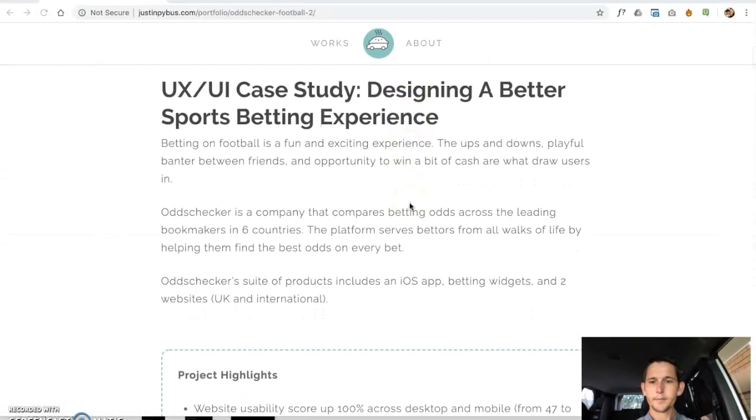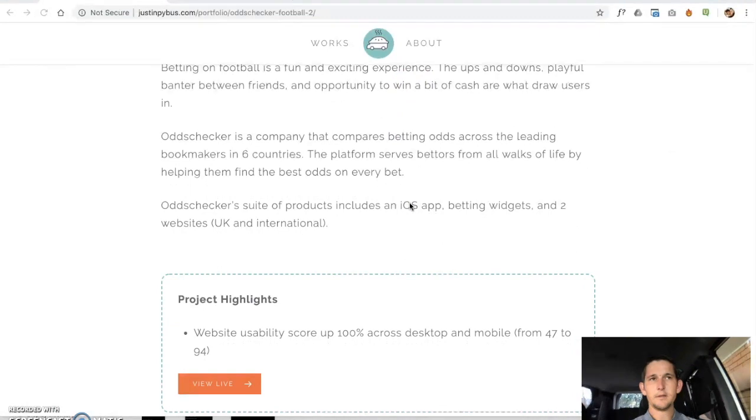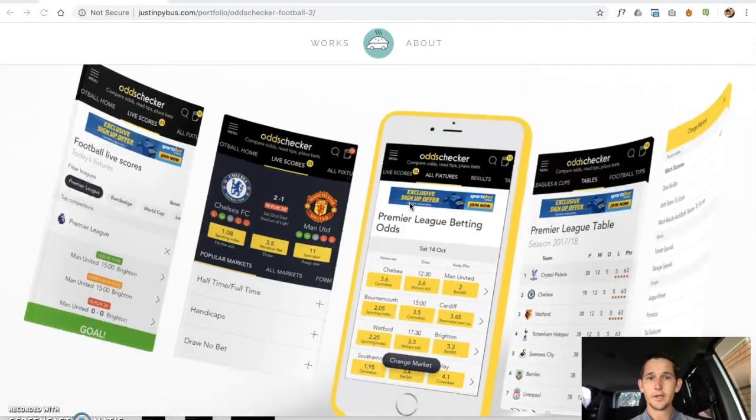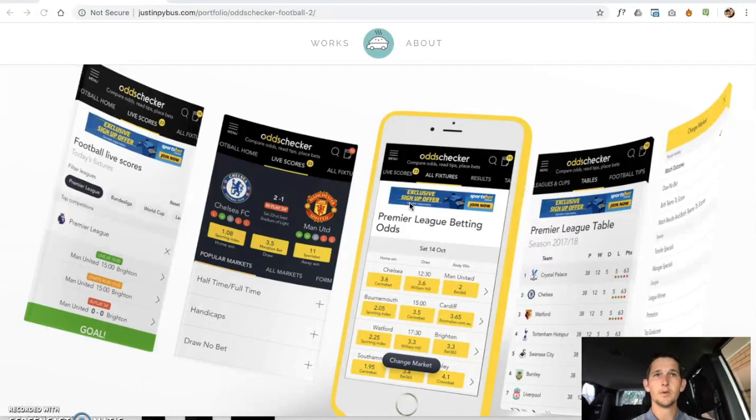To set the scene, what this website is, Odds Checker, it's an odds comparison website that is live in 5 different countries. So it handles a number of different languages. It's fully responsive, and the previous version of the website was performing pretty badly for a number of reasons. It had poor information architecture.